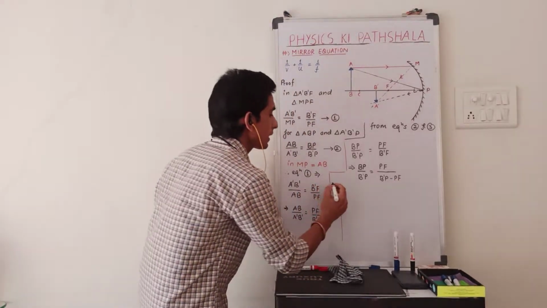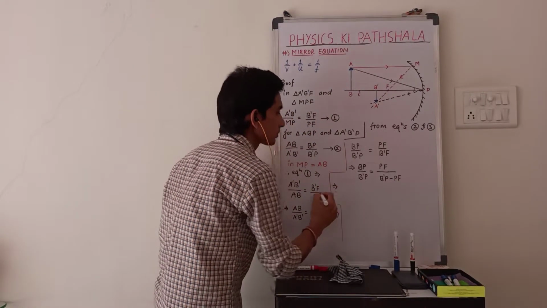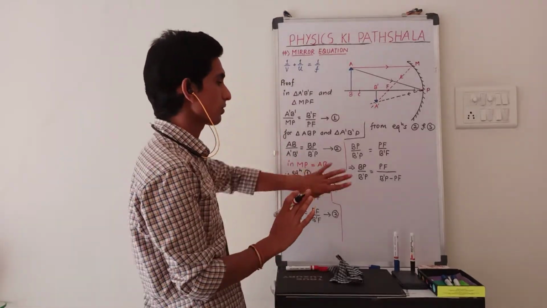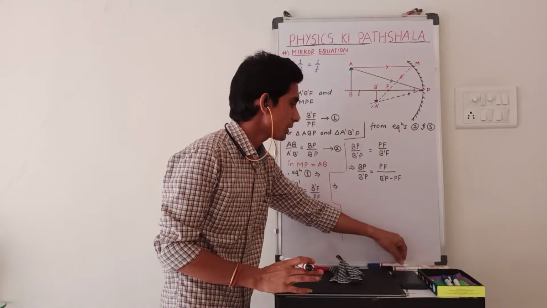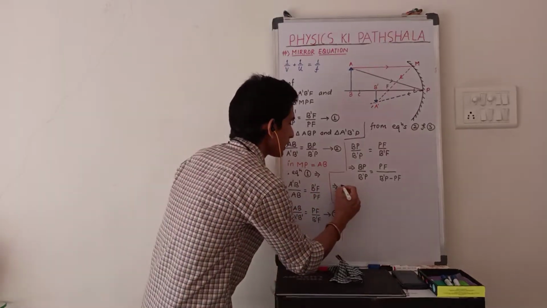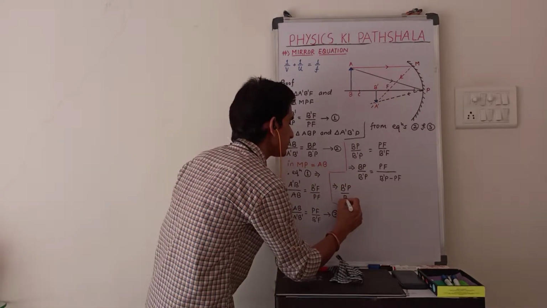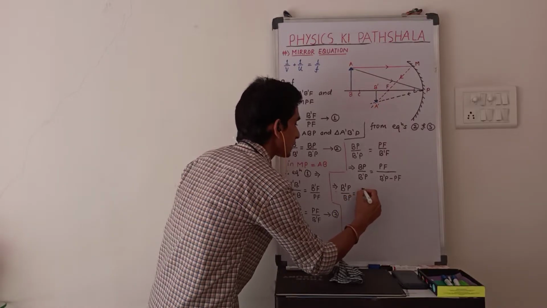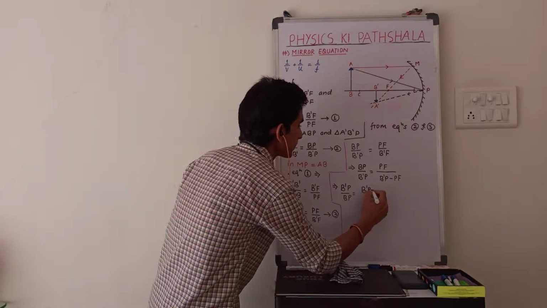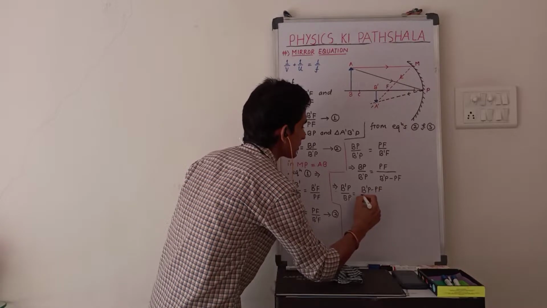Now I once again invert this equation just for the sake of making the derivation a little simpler. I can write it as B prime P upon BP equals B prime P minus PF upon PF.